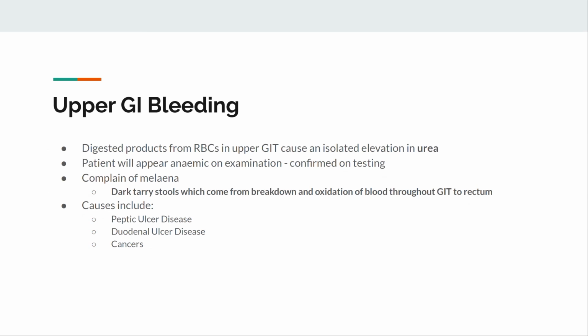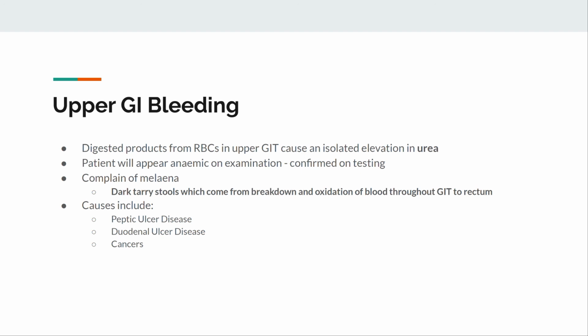Upper GI bleeding. The digested products of red blood cells in the upper GI tract will cause an isolated elevation in urea that's independent of reduced renal function. So in someone that's got normal creatinine but a high urea plus anemia, very, very high chance that they have a bleeding ulcer in their upper GI tract.